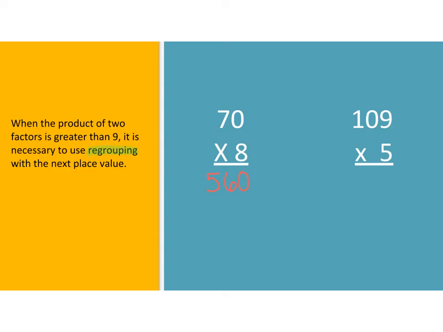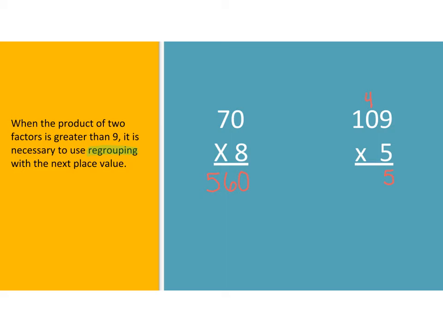Next we have 109 times 5. I know 9 times 5 is 45. I'm going to put the 5 that's in the ones place in 45 down below. The 4 in 45 in my tens place, I need to put above the 0, the next number I'm going to multiply. So I'm regrouping that 4. So now I'm going to multiply 5 times 0 in the tens place, and 5 times 0 is 0.